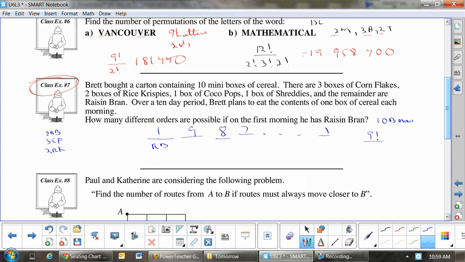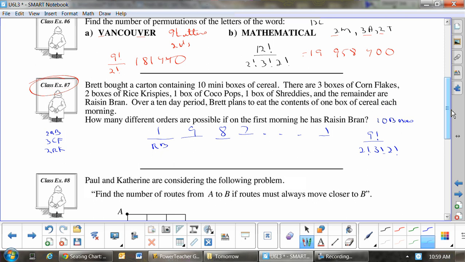Any other repeats? Okay, so you could just divide this by 2 factorial, 3 factorial, 2 factorial. So why are we dividing it? Because you counted it like those 2 were different. I'm dividing it out saying, no, they're not. So I'm undoing something the top did. That's why I have to divide by the repeats, because you don't get to have that many choices.